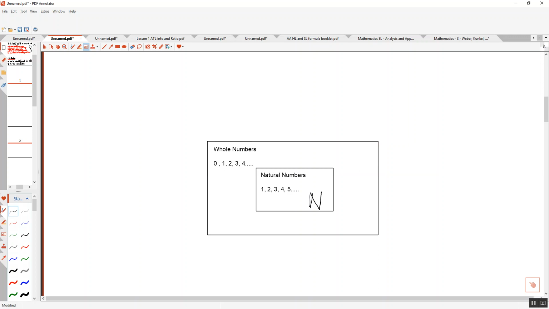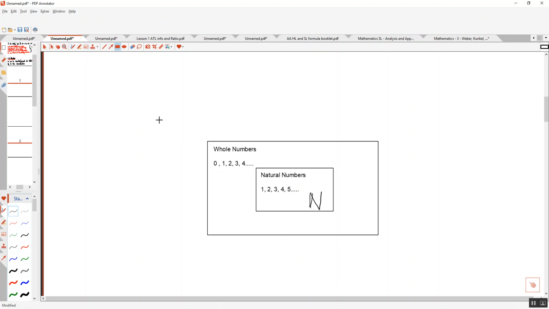So whole numbers include 0. Negative numbers came about, and so that's the next part. So we've got natural numbers, whole numbers, and then we need to include negative numbers into that.